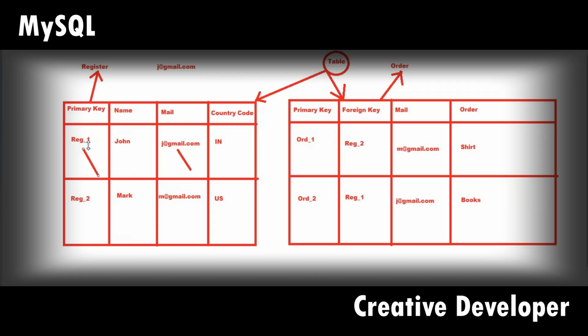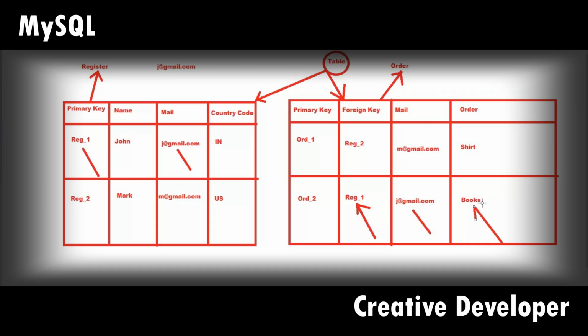So it will check the primary key reg1 and the same foreign key in the order table. Here reg1 is the foreign key in this order table, and here is j@gmail.com, and here also it is j@gmail.com. At that time you can easily get John's order, this product, which is books.